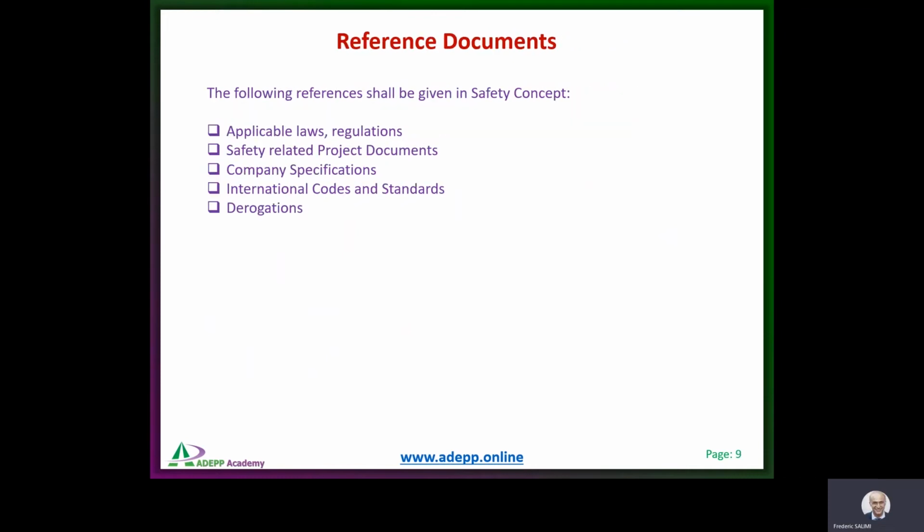The reference documents, for example, in safety concept: we give a template to our client to see applicable law, regulation, related project document, related safety document, company specification, international code and standards, and derogation. This should be mentioned in safety concept.